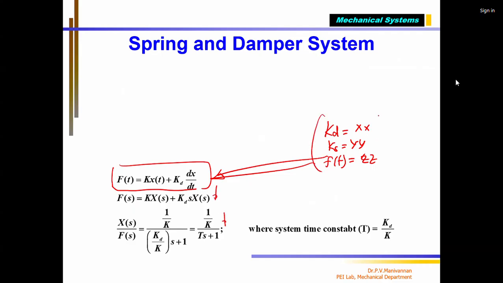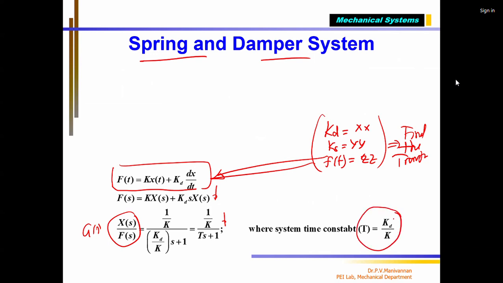These values will be given. You'll be asked to find the transfer function, which is X of s divided by F of s, which is G of s. Then also find the time constant. This is a first order system, the spring damper system.